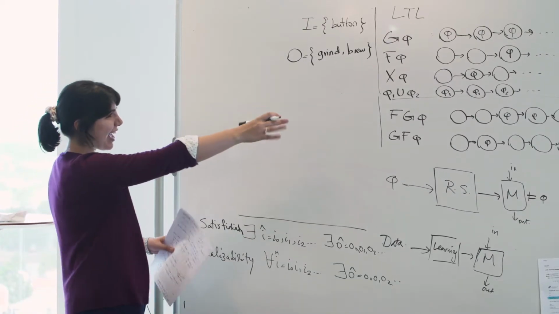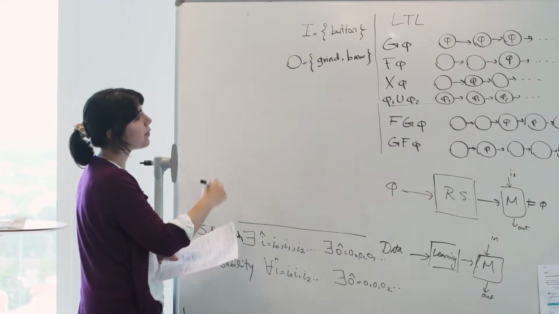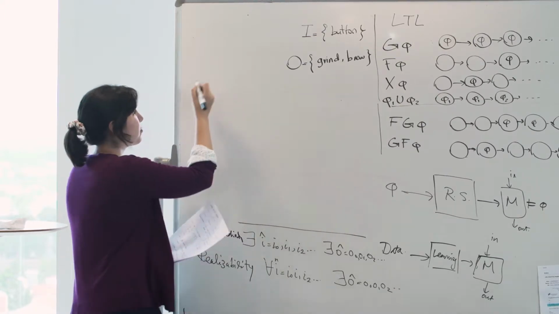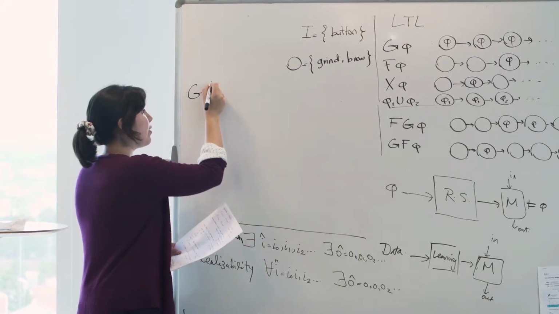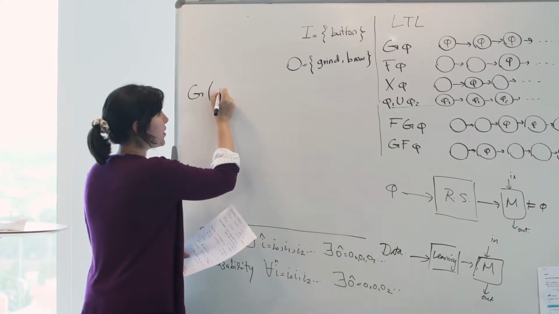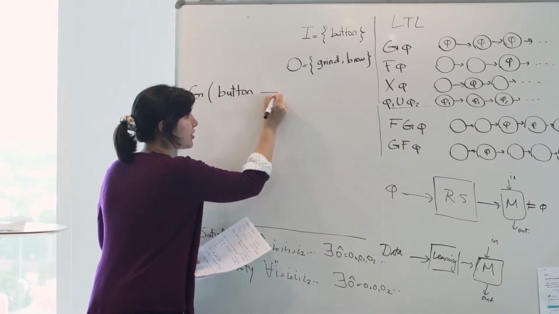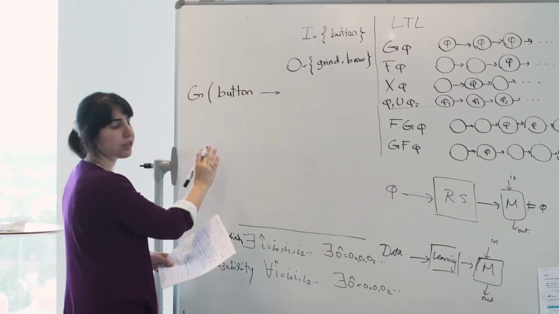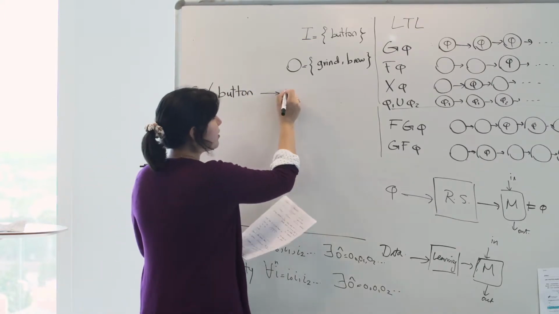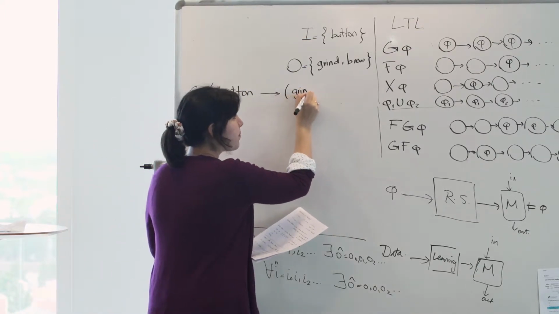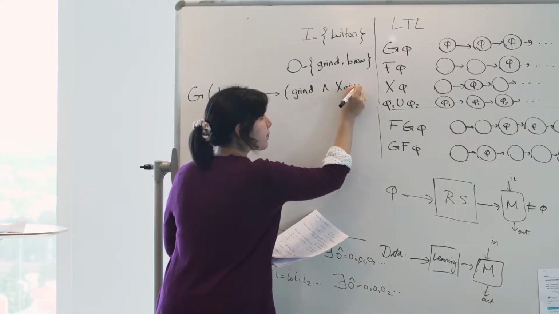So if I want to write that in linear temporal logic, one way of writing it is, well, when we say if something, we usually need to put a globally outside because it's true at all times. If a button is pressed, then something else happens. So far, so good. Globally, if a button is pressed, then it's going to grind at that step, and then it's going to grind at the next time step.